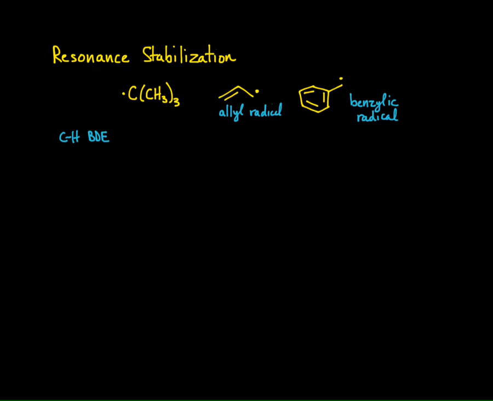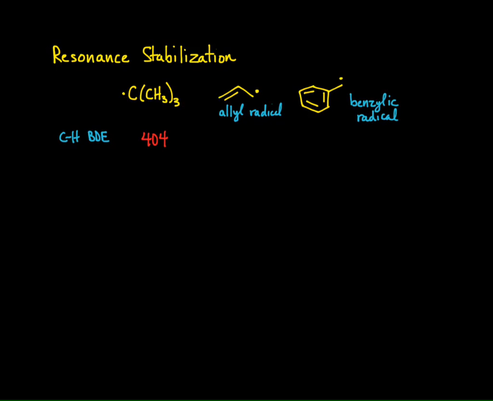In the case of the allylic radical, I would be taking propene and removing a hydrogen off of the methyl group. In the case of the benzylic radical, I'd be taking toluene and removing a hydrogen off of the methyl group. The bond dissociation energies are known for these reactions. We've already seen the bond dissociation energy of the tert-butyl radical as 404 kilojoules per mole.